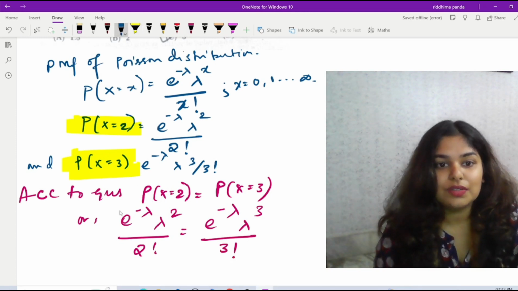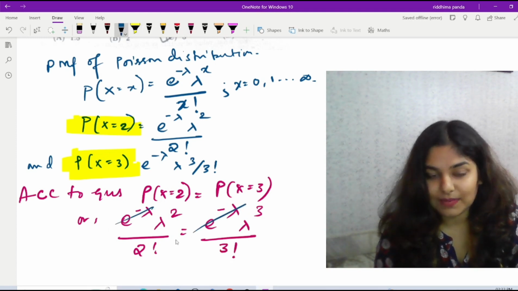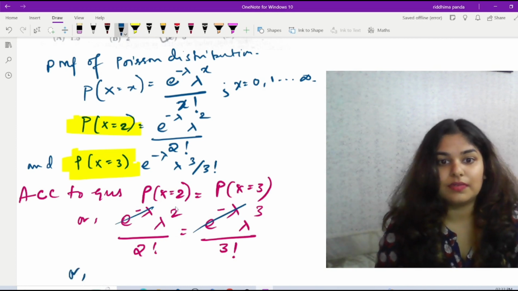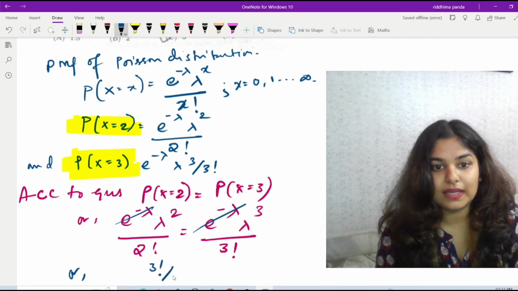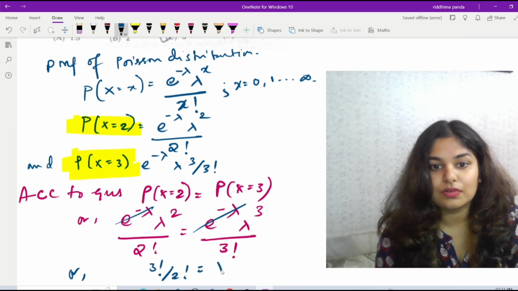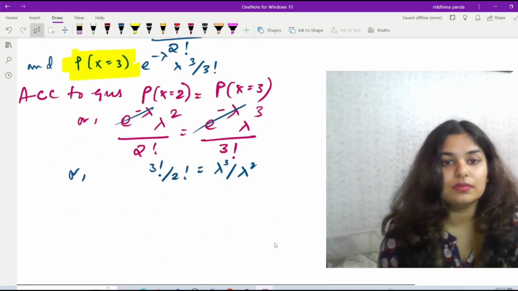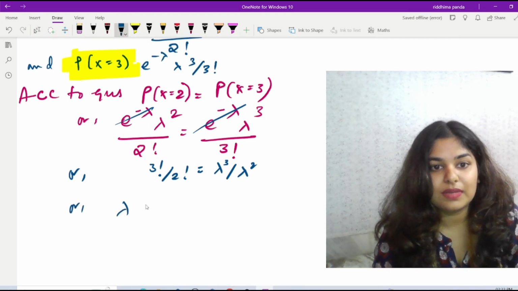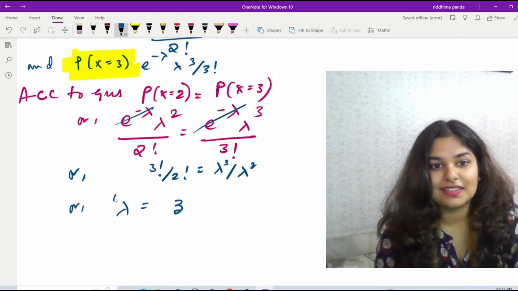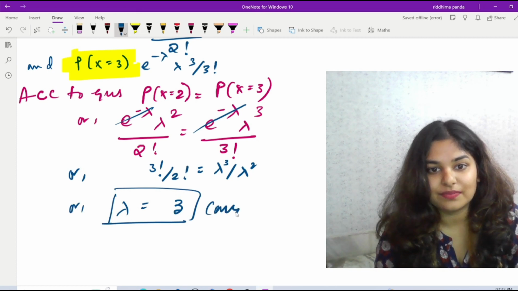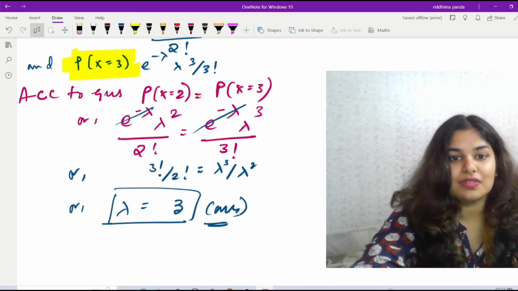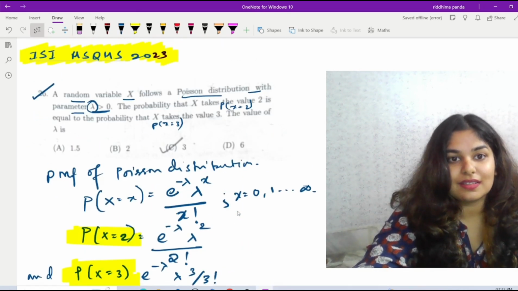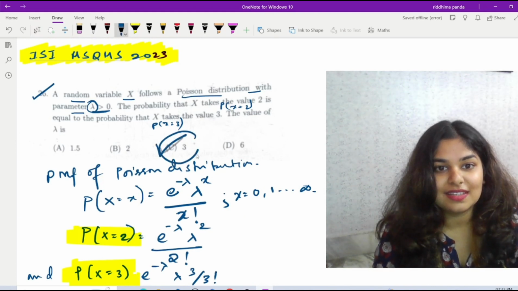Now e to the power minus lambda and e to the power minus lambda get cancelled. So here we have 3 factorial by 2 factorial equals lambda cube by lambda square, that is, lambda equals 3, and that is our answer. So let's check the options. That is option C, the answer.